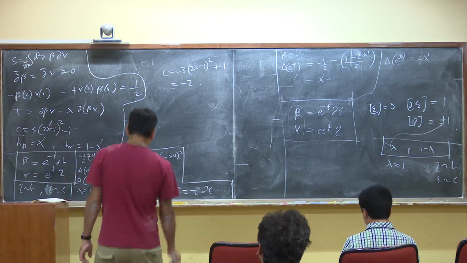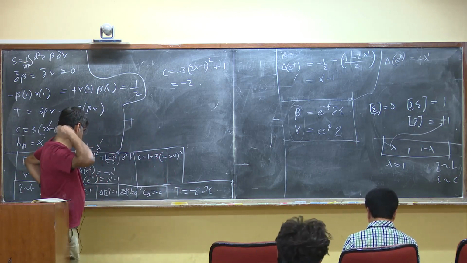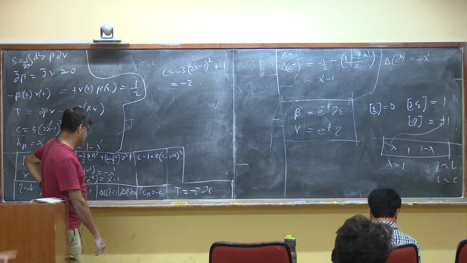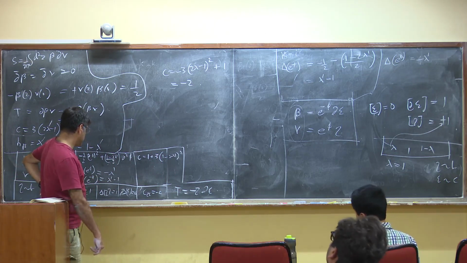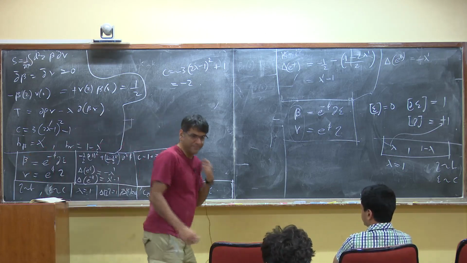If you choose the other law, like lambda equal to 0, then you would have done what? Then we just swap. You should swap B and C, eta and zeta. I think you would have got the same stress tensor. Let's check that.